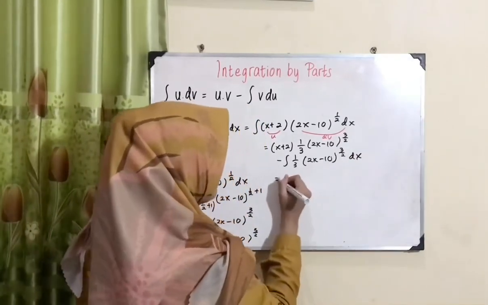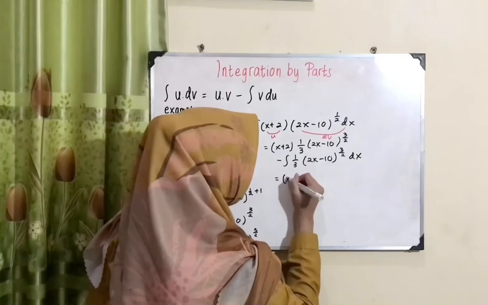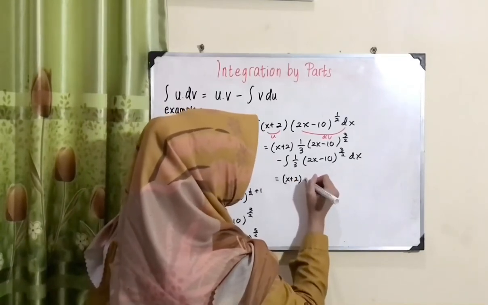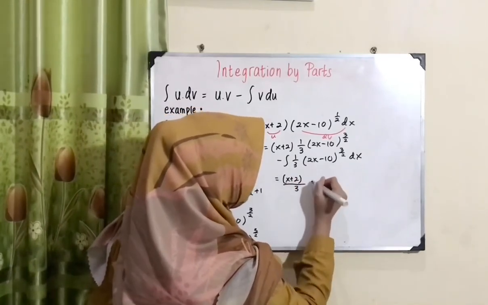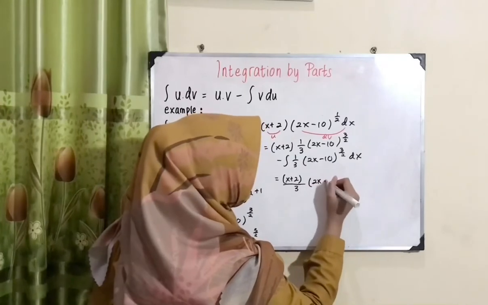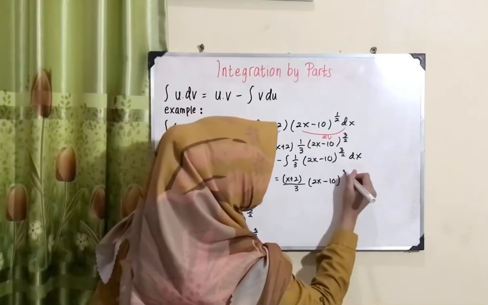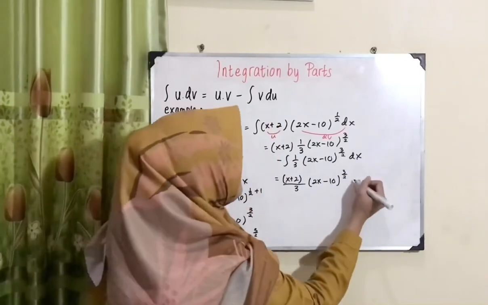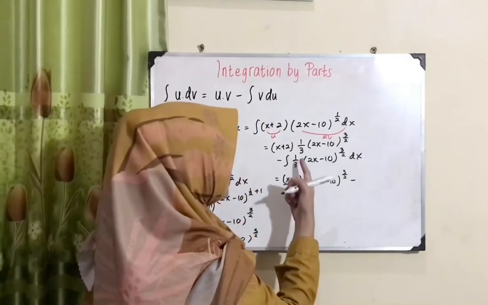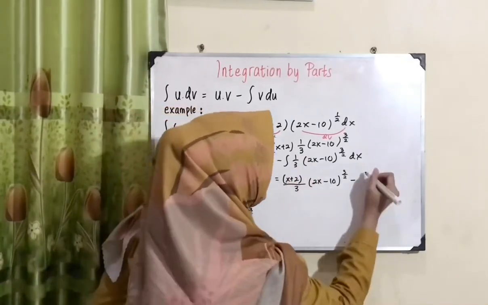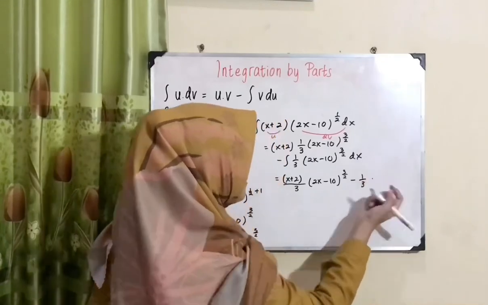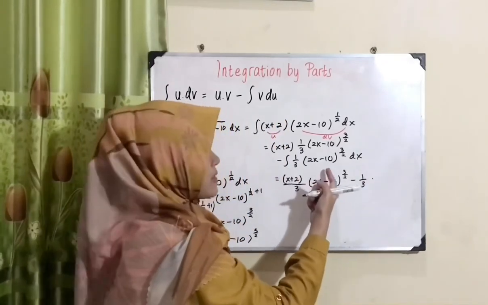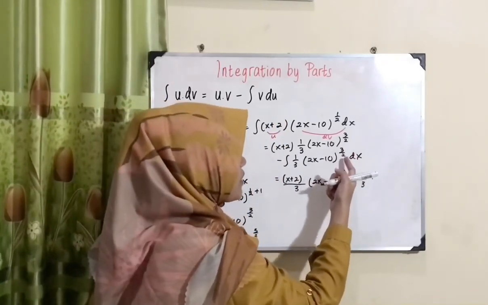Okay, this is equal to (x plus 2) over 3 times (2x minus 10) to the power of 3 over 2 minus, this coefficient 1 over 3, you can write 1 over 3 times the integral of (2x minus 10) to the power of 3 over 2.